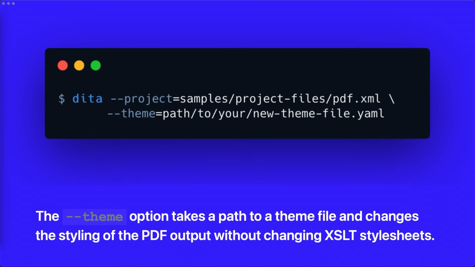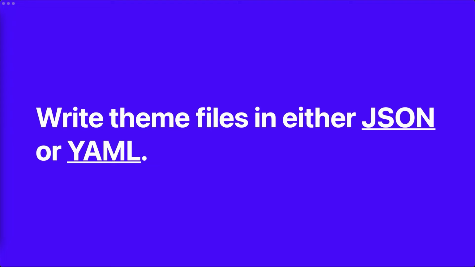So to build a PDF with this approach, you pass the theme parameter to the DITA command on the command line, and tell it where your theme file lives that contains the information about how you'd like things to be formatted. And those theme files can be written in either JSON or YAML, which are two simplified ways of representing things.